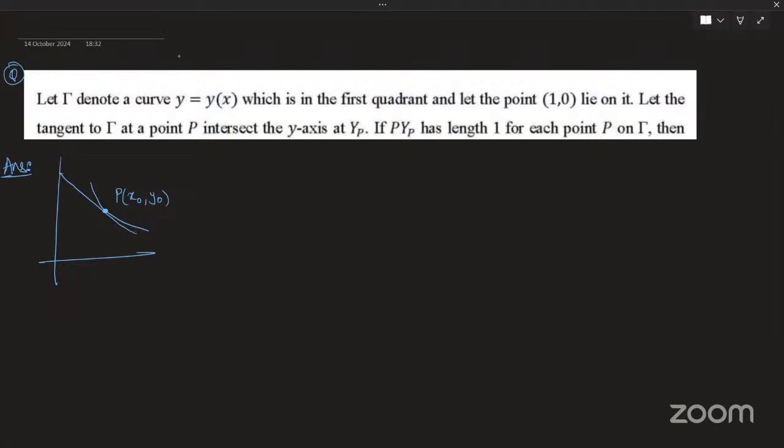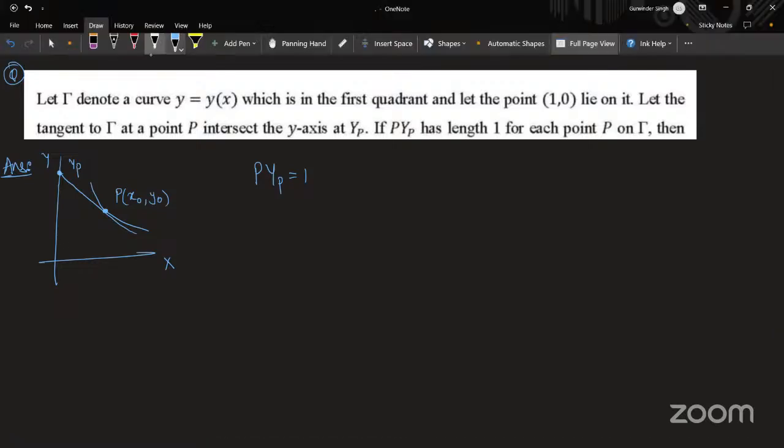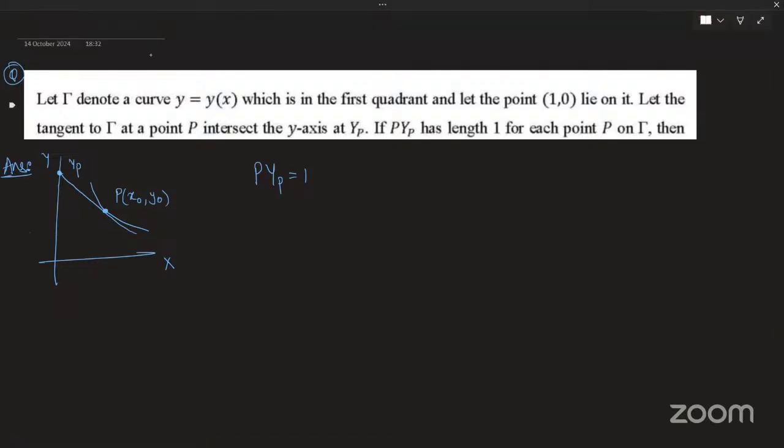I have this y-axis over here. This is x, this is y. It intersects the y-axis at a point named yp. The length of p yp is always equal to 1. It is asking me to find the differential equation, to find the equation of this function y of x.